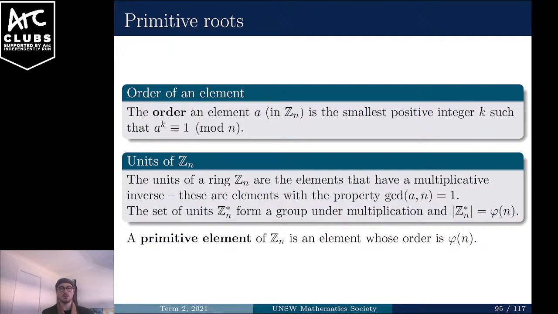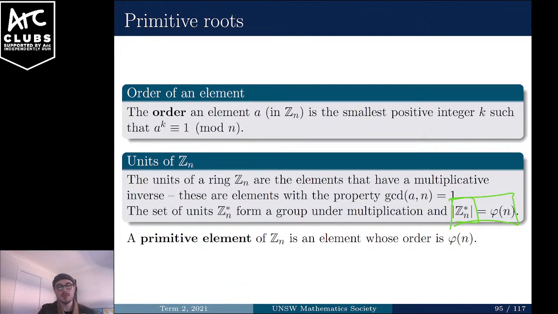It forms a group under multiplication, right? And we can see that this is definitely true. Because a unit is one that's relatively prime, and the phi function counts the numbers that are relatively prime to n. So therefore, the size of this group that we formed is the same as the phi function.